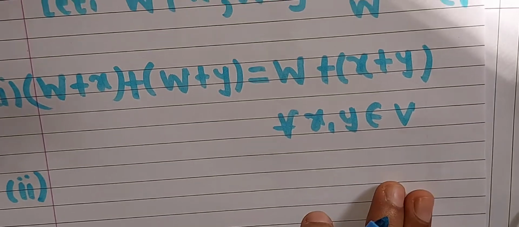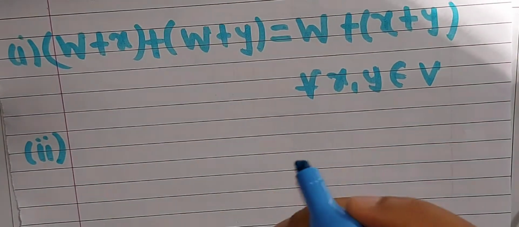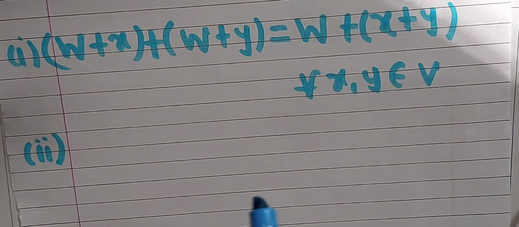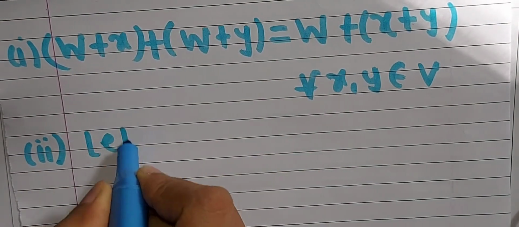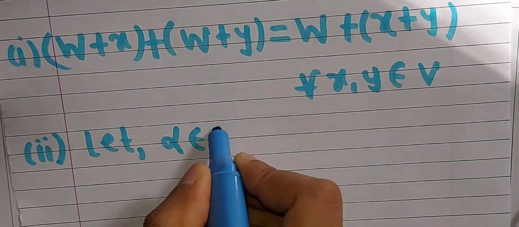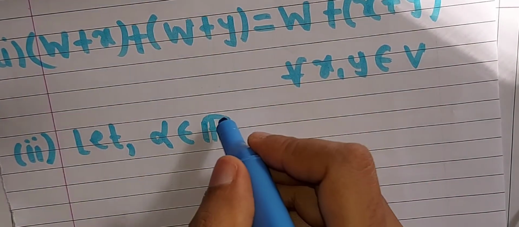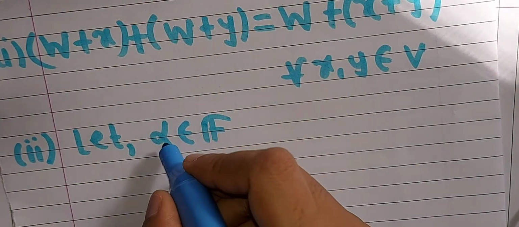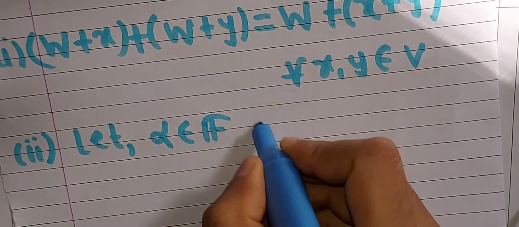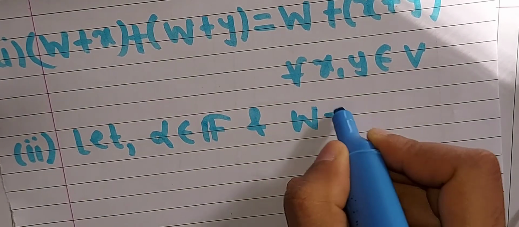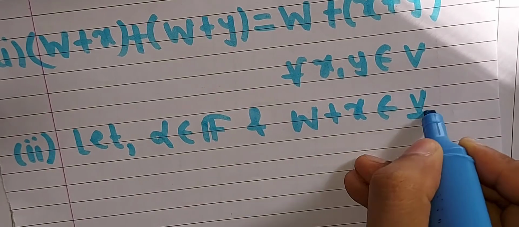For that purpose, we consider one element from the field and one element from V by W. Let alpha be an element from the field. What is a field? A field contains all the scalars. So let alpha be a scalar belonging to the field, and let W plus X belong to V by W.